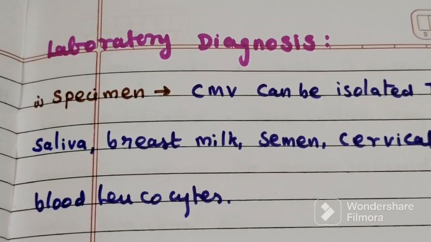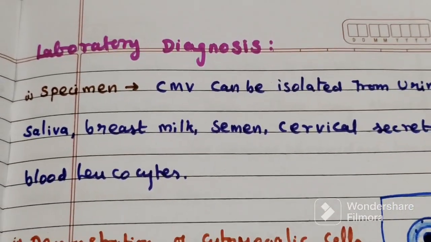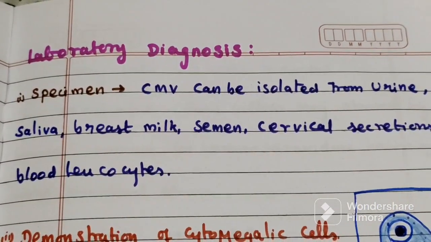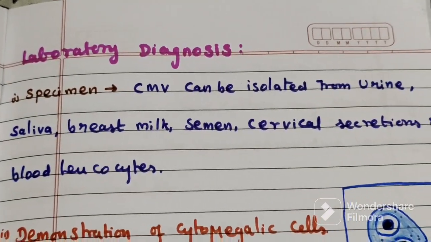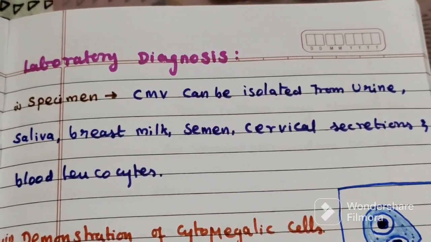Next, laboratory diagnosis. Specimen choices are urine, saliva, breast milk, semen, cervical secretion, and blood leukocytes.